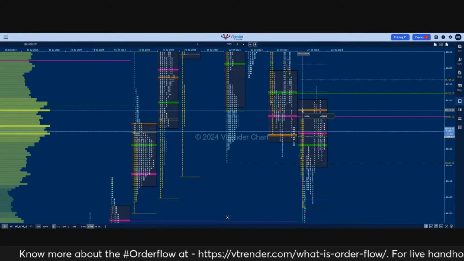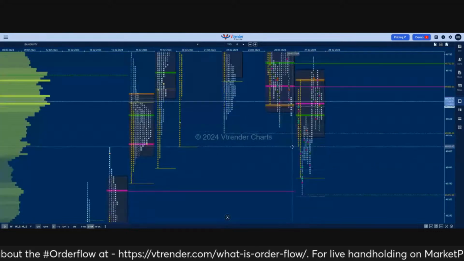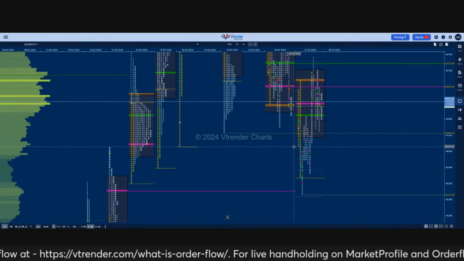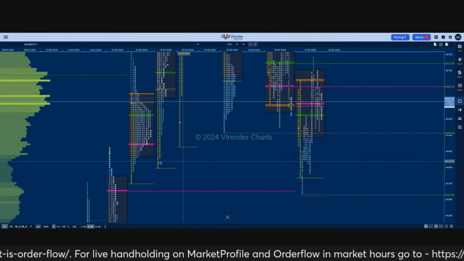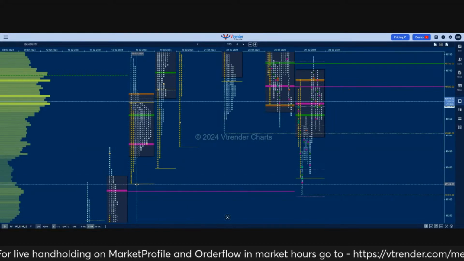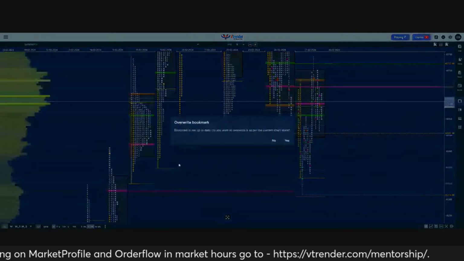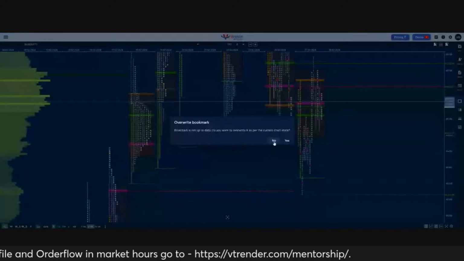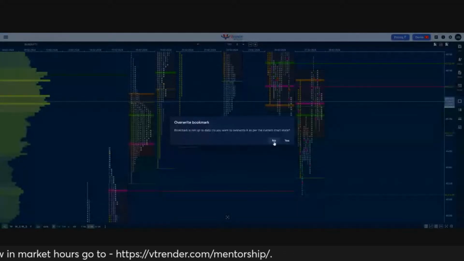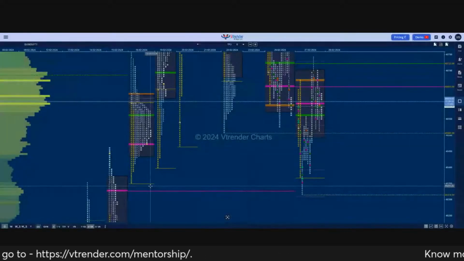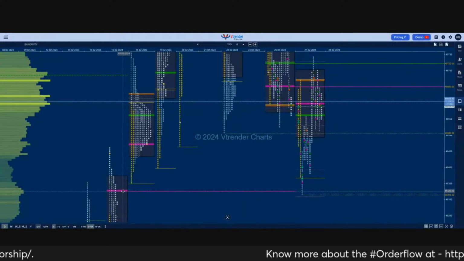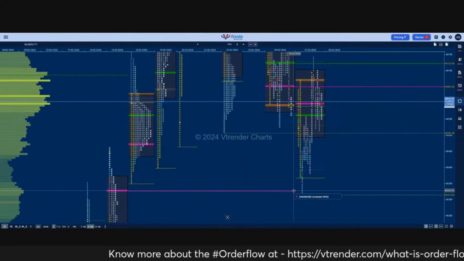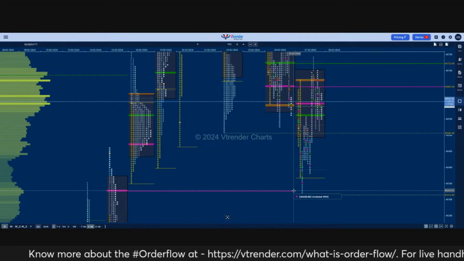From there we reversed and left an extension handle at this buying tail, and we broke below this buying tail and tagged this POC. This POC holding was important because it was one objective.